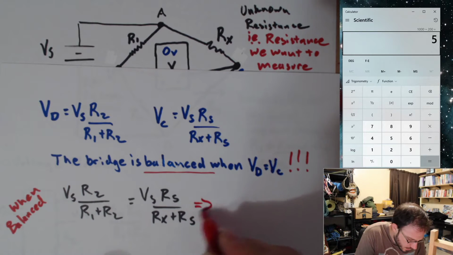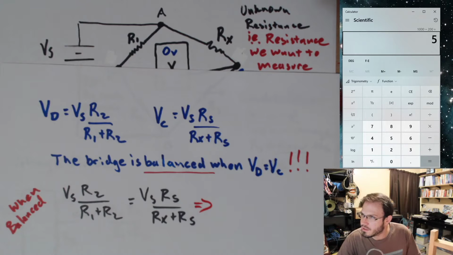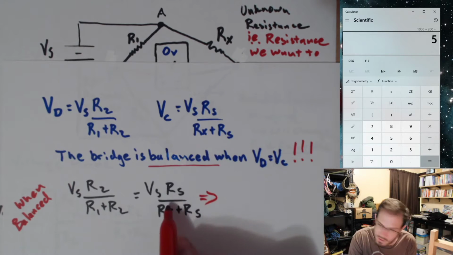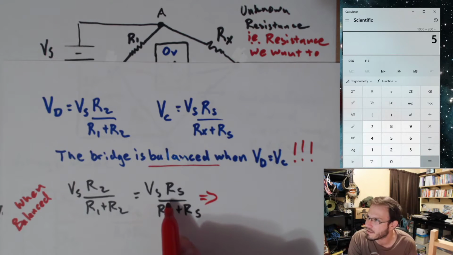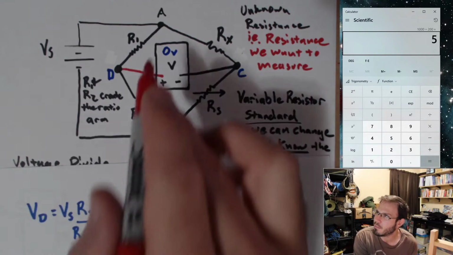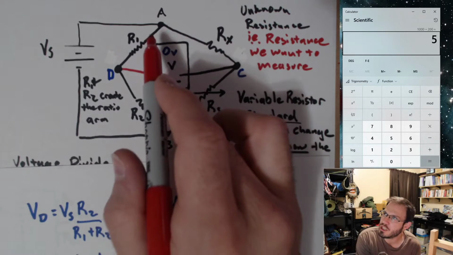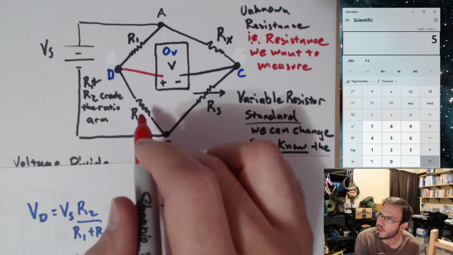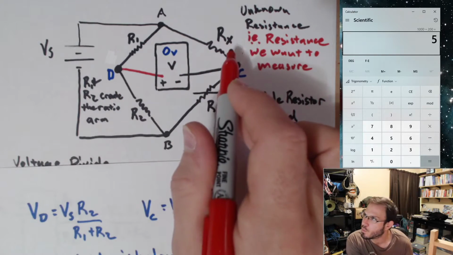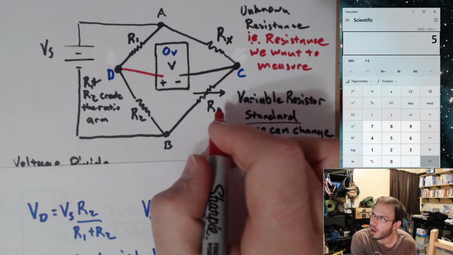And we can start removing some things from here. First off, we can divide both sides by V sub S. The voltage applied between points A and B does not matter because it's only the ratio of R1 to R2 as compared to the ratio between Rx and Rs.